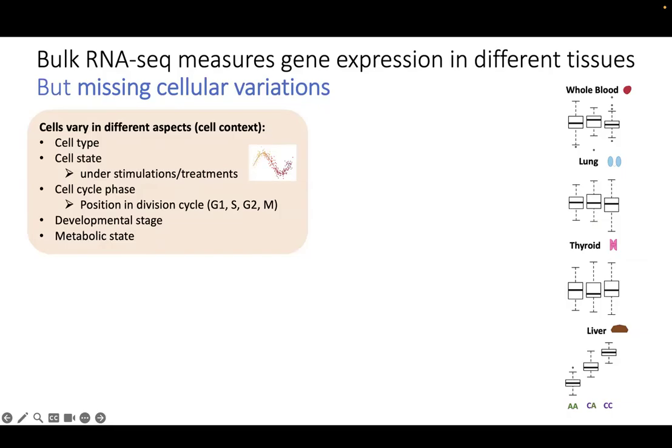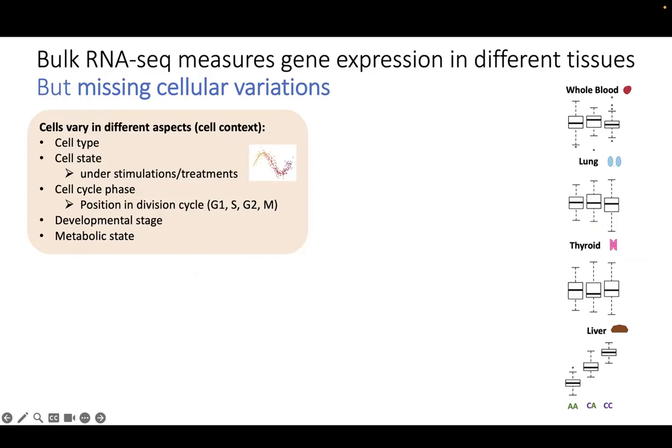But within a single tissue, cells can be quite different. They can differ in cell type, cell state, and go through different cell cycle, developmental and metabolic stages. And the limitation of bulk RNA-seq is that it can miss these cellular variations by measuring gene expression from the entire tissue.